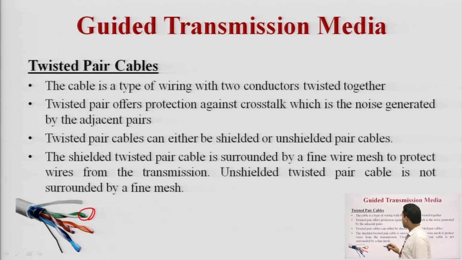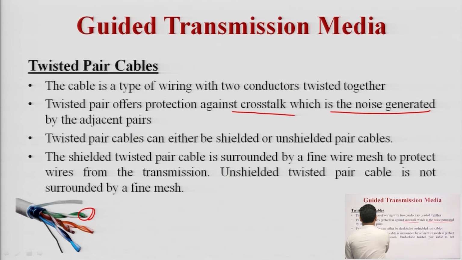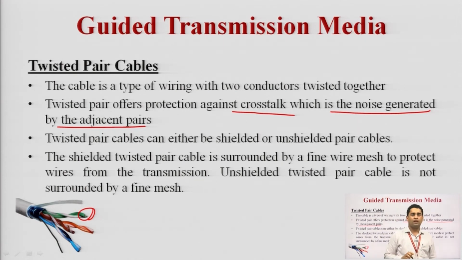The cable is a type of wiring with 2 conductors twisted together. As I said, the crossover is there, it is clearly mentioned here, the crosstalk is there, which is the noise generated by the adjacent pairs. And it is a most commonly used one.